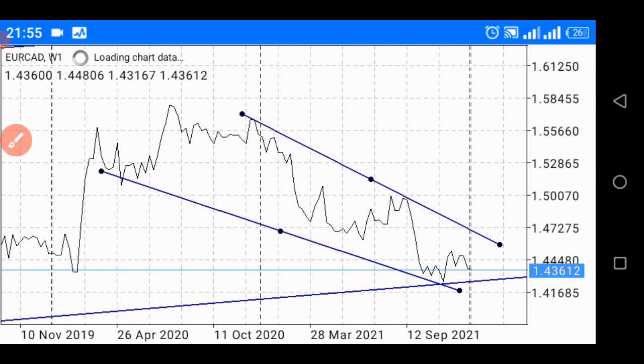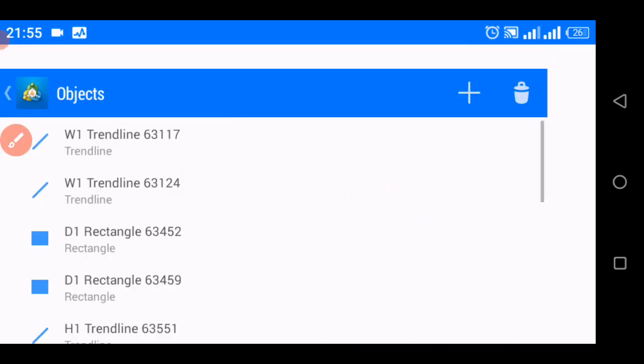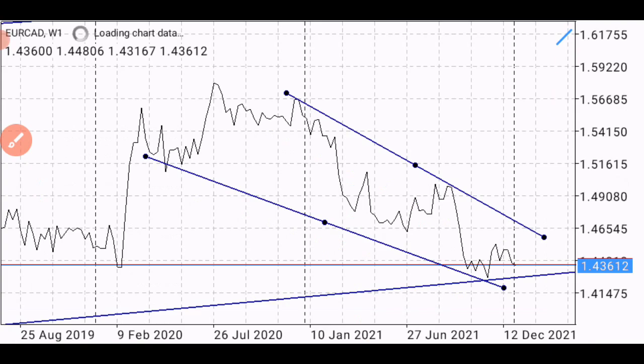But inside this descending channel, I discover a movement like this: impulsive movements, corrective movements, impulsive movement, and another corrective movement here. Let's start looking at it.